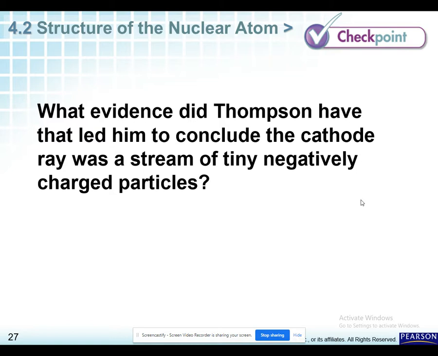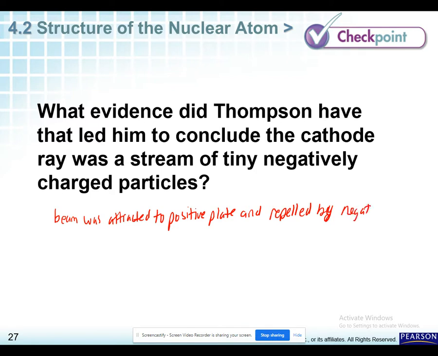If you look at the evidence, hopefully you stated that one piece of evidence was that the beam was attracted to the positive plate and repelled by the negative plate.